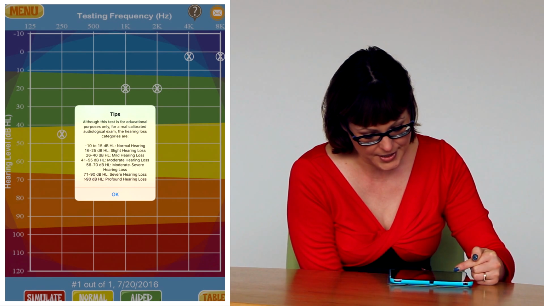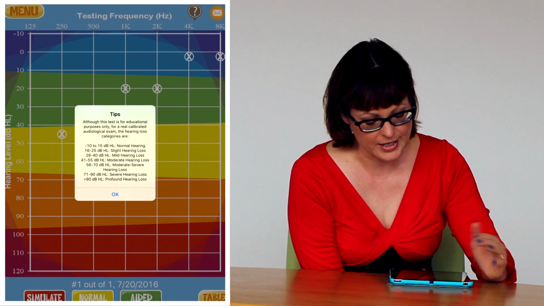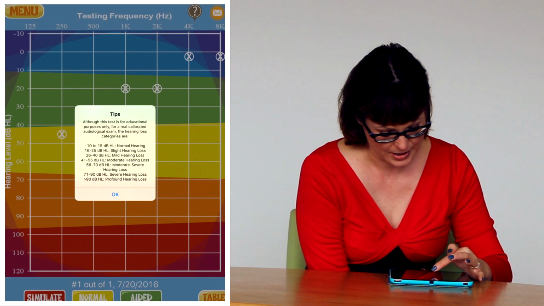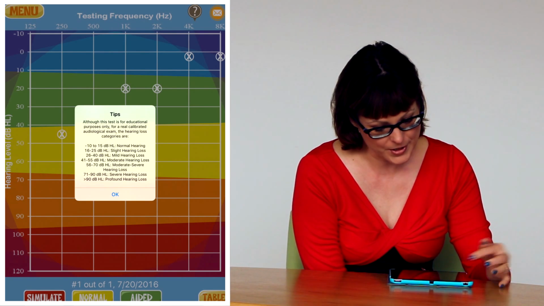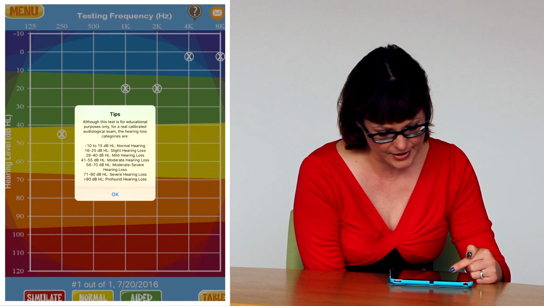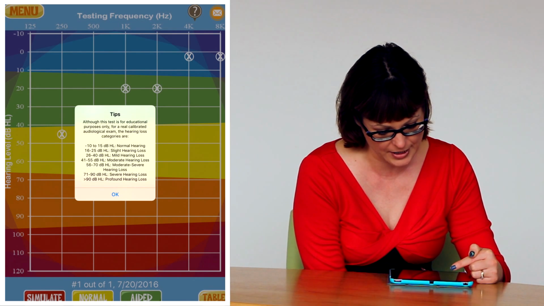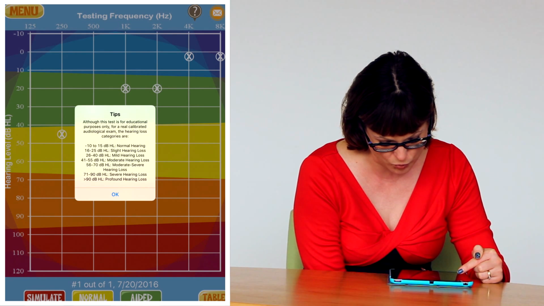So the X's that are higher up the table generally indicate hearing is okay. So we can see for the person who took this test before, their hearing in the 250 testing frequency range is at about 43.